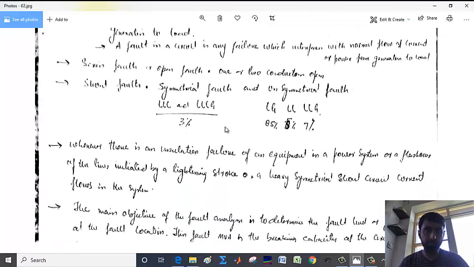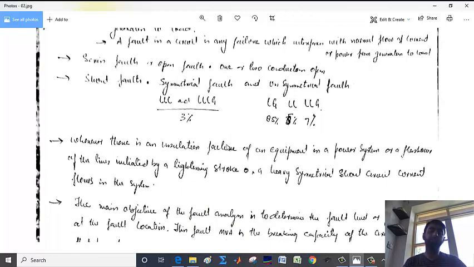So it is nothing but any undesirable condition which interferes with the normal flow of power. There are mainly two types of faults: series fault and shunt fault. Shunt faults are considered to be more severe as compared to series faults.